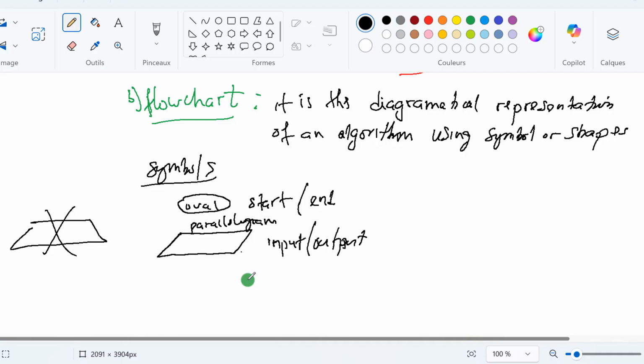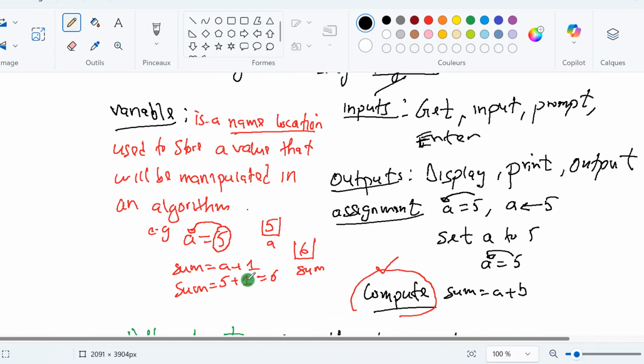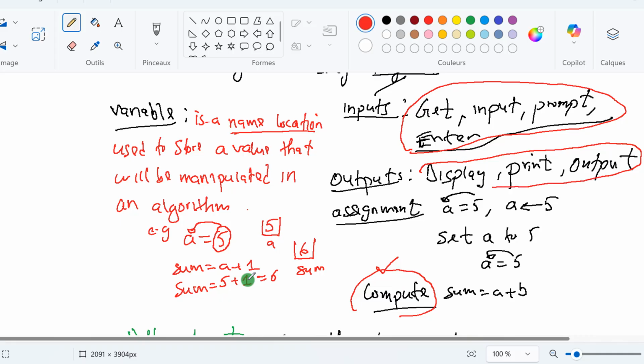Meaning what? When you are having a pseudocode and you are translating into a flowchart, it's only when you see one of these keywords that you can use that symbol parallelogram, because it's for input. Also, when you see one of these keywords here for output, you can use that symbol. So parallelogram is both for input and output.